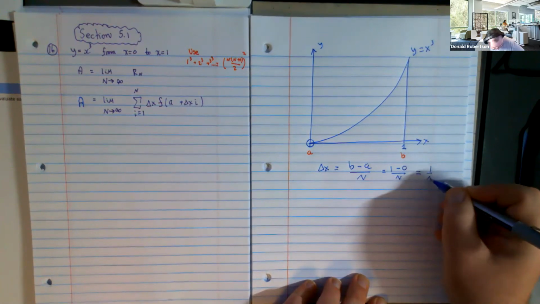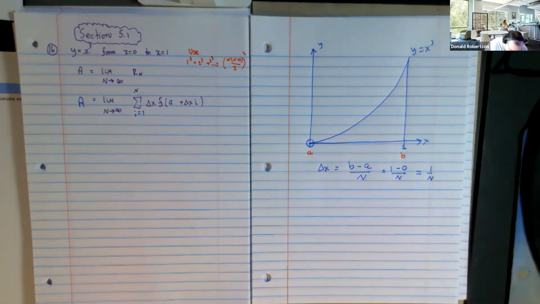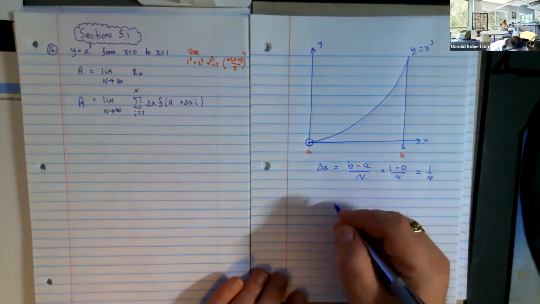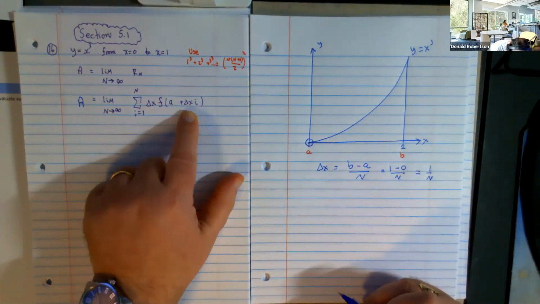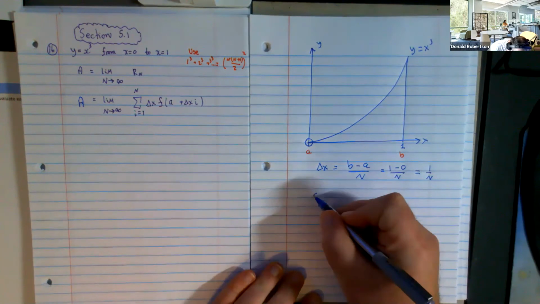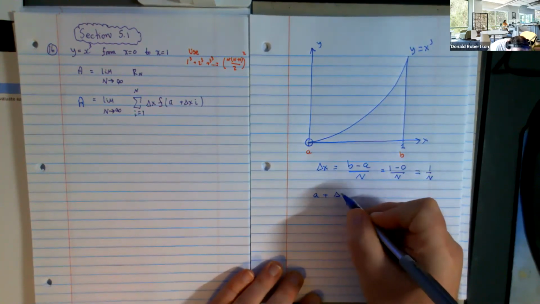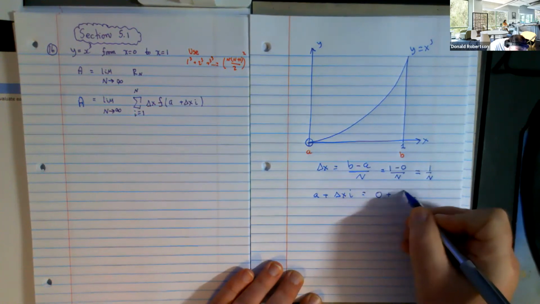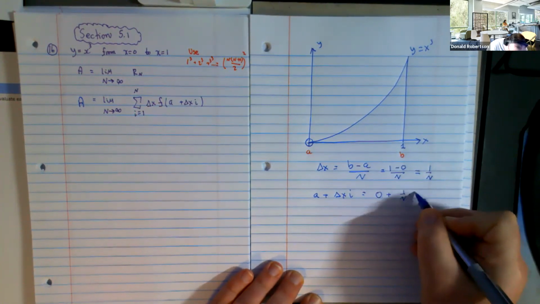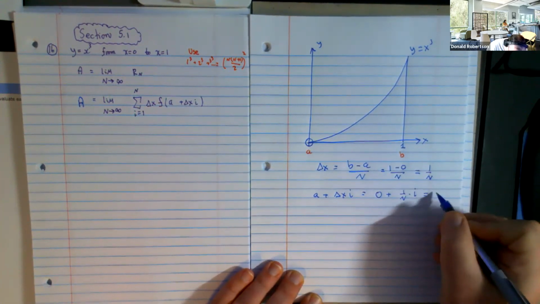So that becomes 1 over n. I also need to find out what's going to go here: a plus delta x times i becomes 0 plus 1 over n times i, and that just becomes i over n.